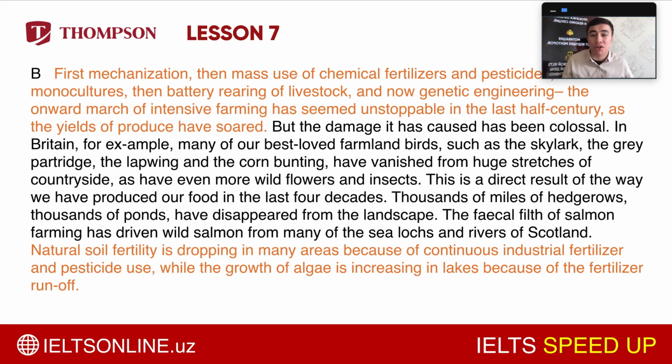The onward march of intensive farming has seemed unstoppable in the last half century as the yields of produce have soared. So you see here first mechanizations and mass use of chemical fertilizers. So these are the stages.